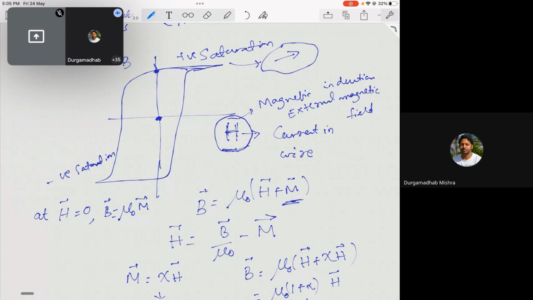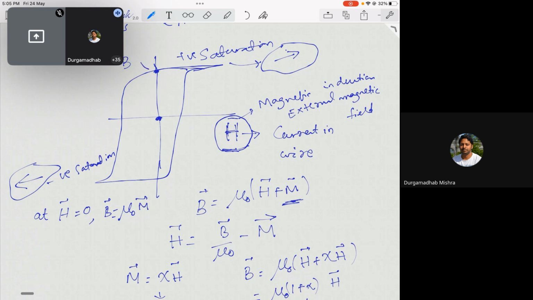So all these domains will disappear and you have only one domain, so to say. That means all the magnetic moments will be pointing in the same direction. Similarly here, if I am reversing the field, the magnetization will be all in the opposite direction. Okay, so this is the negative saturation and positive saturation.